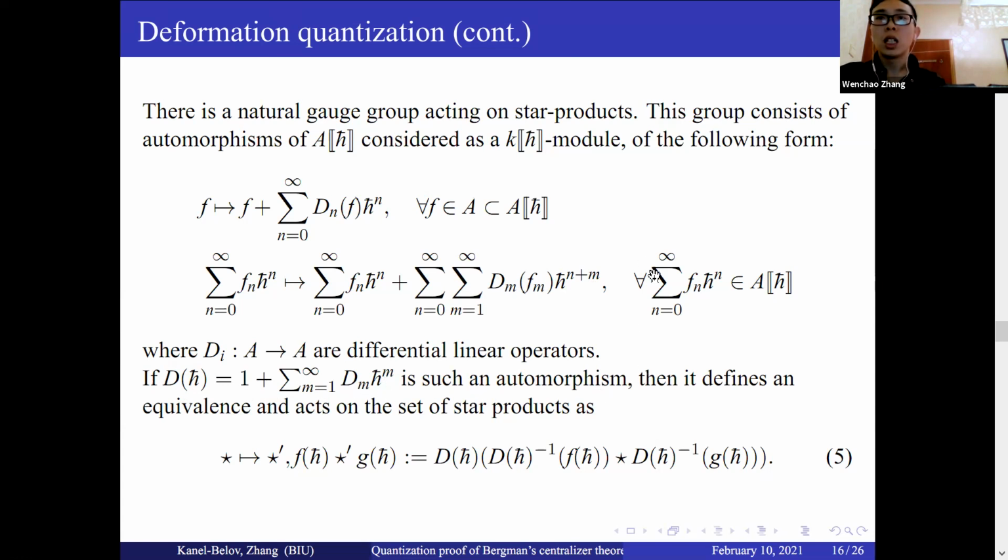It's an automorphism, and it defines an equivalence acting on the set of star products as follows. If there are two star products, star and star prime, they are related by this combination. So we don't actually have uniquely defined star products, but they are equivalent within this equivalence class.